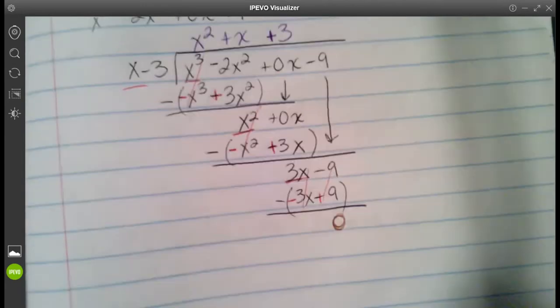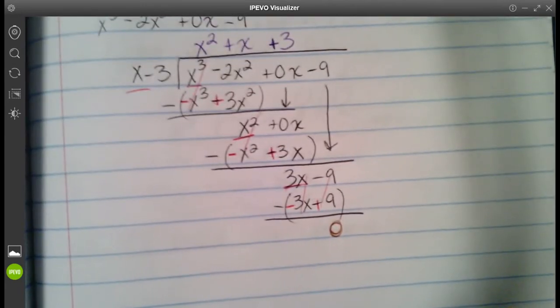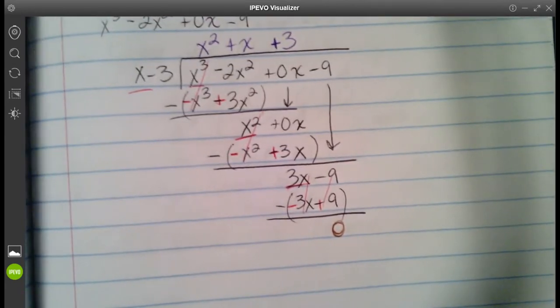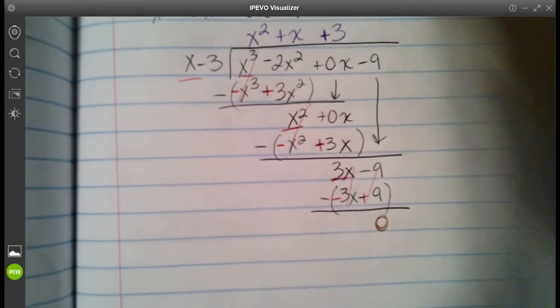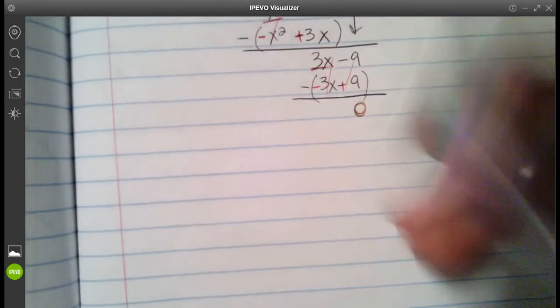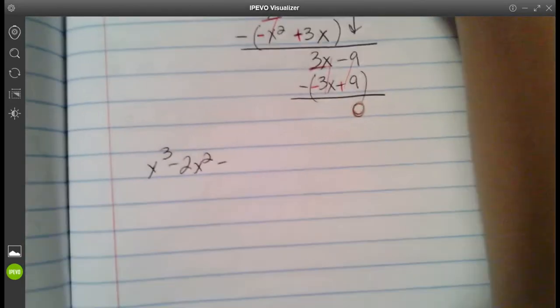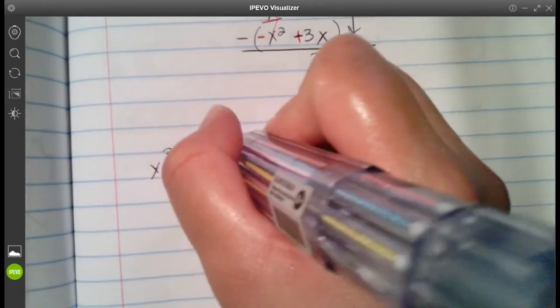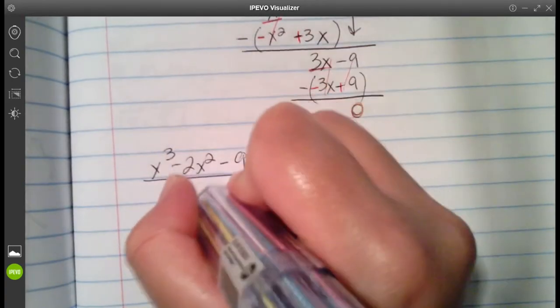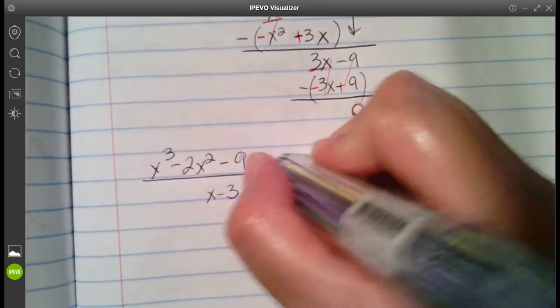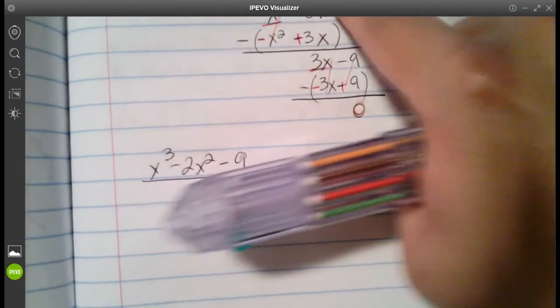But let's go ahead and just rewrite this in our form here. So we're going to have, make this a little bit more spacious. There you go. So x cubed minus 2x squared minus 9, okay, divided by x minus 3, okay, is going to be equal to this up here.